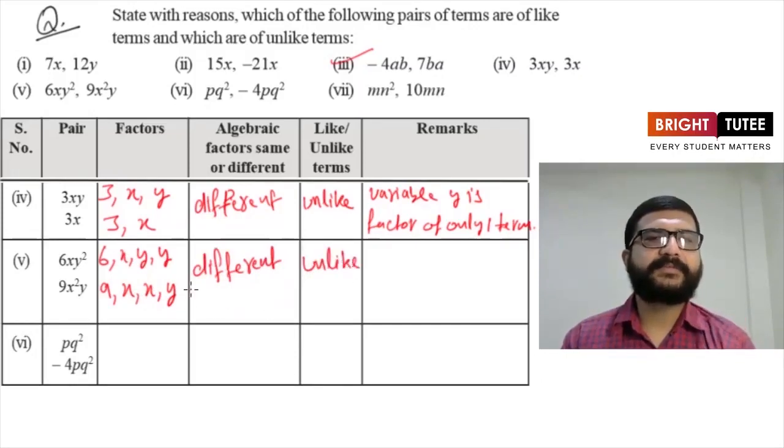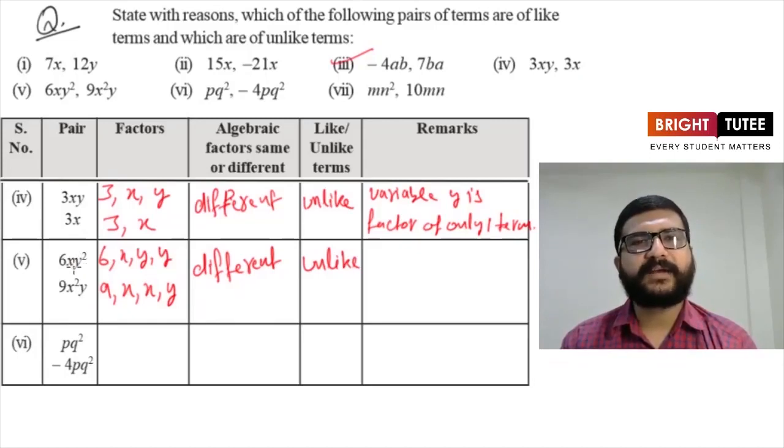So here what we have observed, variables are same but their powers are not same. As we can see, variables in the first term are x and y, and variables in the second term are also x and y. But power of x is 1 in the first term, and in the second term power of x is 2. And for y, power is 2 in the first term and it is 1 for the second term.